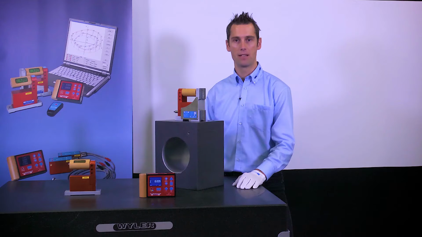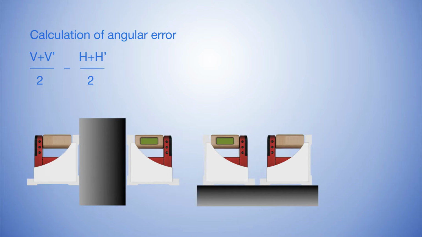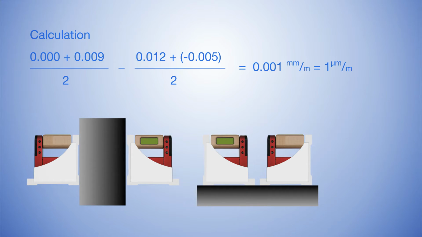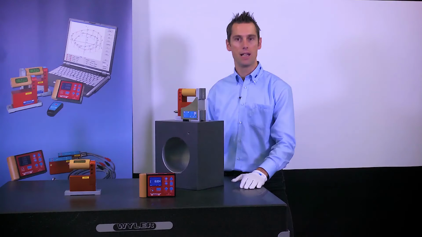After having measured all four values, we can calculate the angular error. Our instrument has an angular error of +1 micrometer per meter. Now that we have determined the angular error, we can start with the actual measurement.